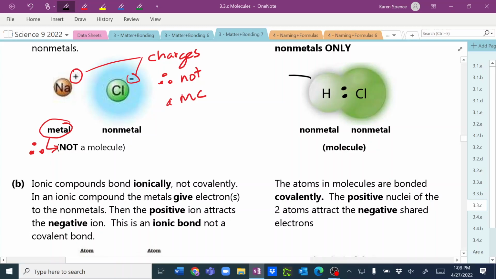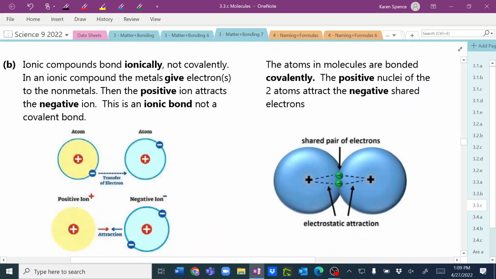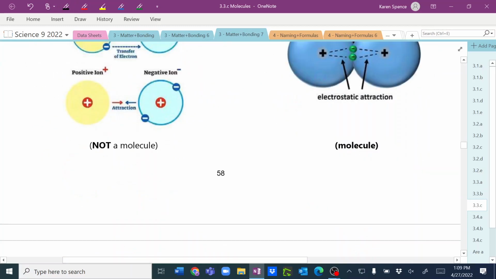And this is a neutral atom bonded to another neutral atom. Whereas in the other one, we have an ion bonded to an ion. We've done a whole bunch of this already, so I'm not going to go into too much detail on that.